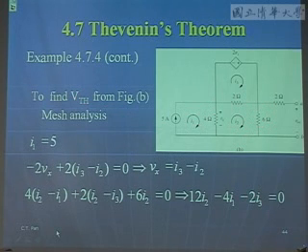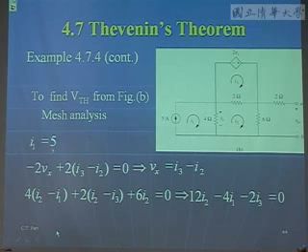On further examination, although we have 3 meshes, there is one current source. So in fact, you have only 2 unknowns to be solved instead of 3. And fortunately, in this example, I1 is equal to 5 ampere. Immediately, you obtain the solution.